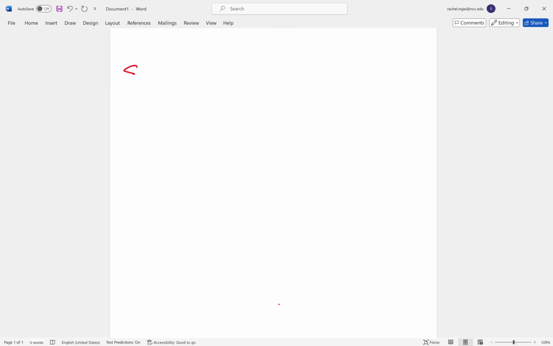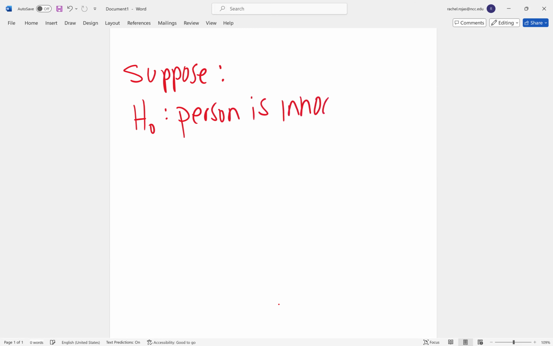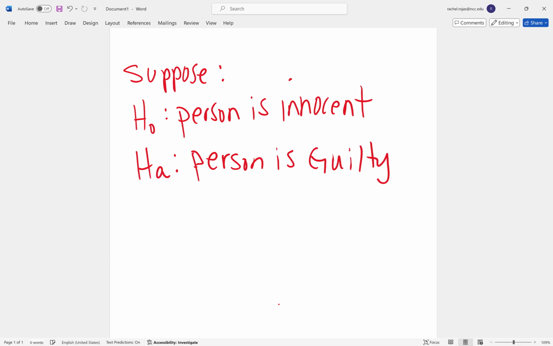Okay, so suppose the null is that the person is innocent and the alternative is that the person is guilty.